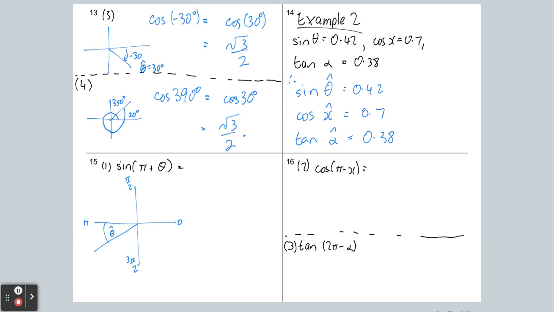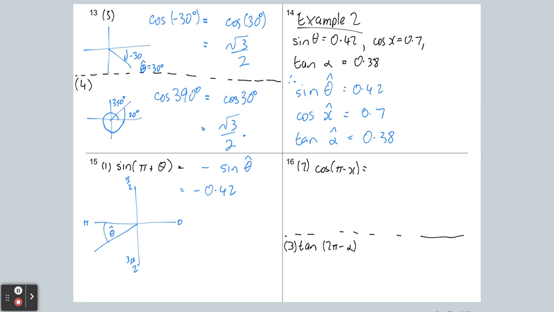And so I can finish off by saying that sine of pi plus theta is the same as sine of theta hat, which is negative in quadrant 3. So I'll put my negative there, which means that we've got negative 0.42. So again, it's the same value, but with a plus or minus added to it, in this case a minus, so it's negative 0.42.